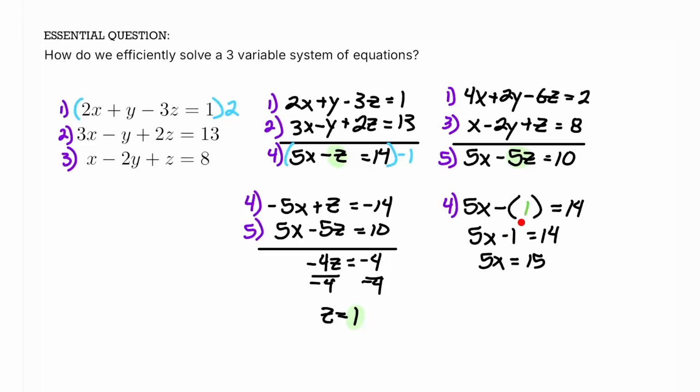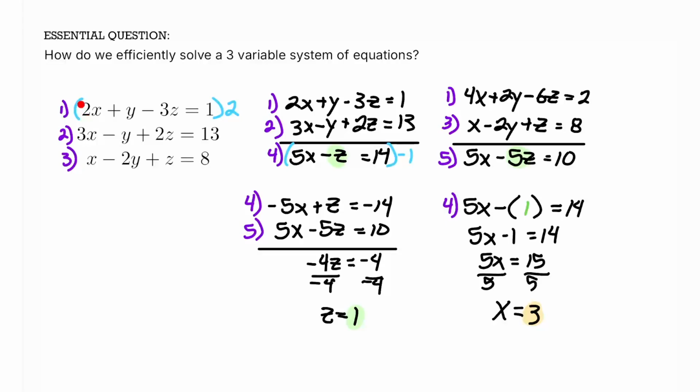We're going to add that 1 to both sides. Divide by 5. And x equals 3. So now I've got z is 1 and x is 3. I can take those two and plug them back into any of these.